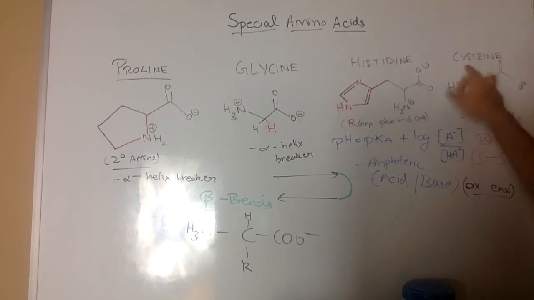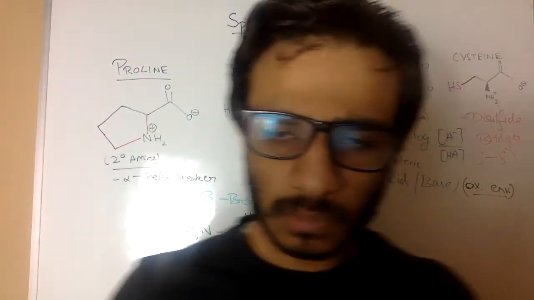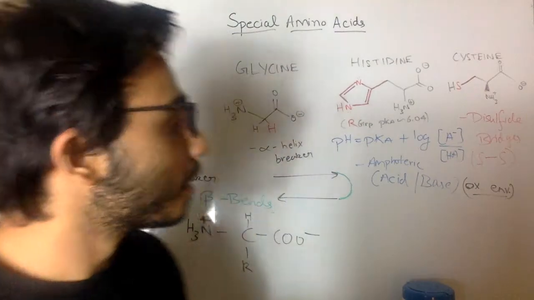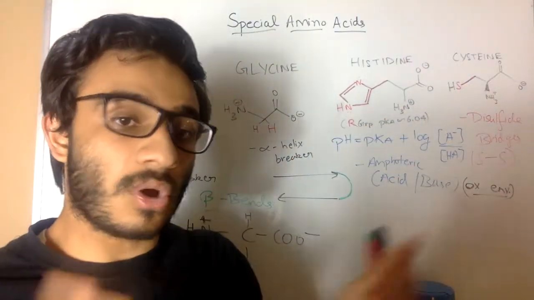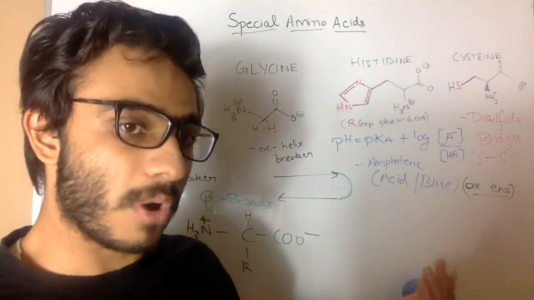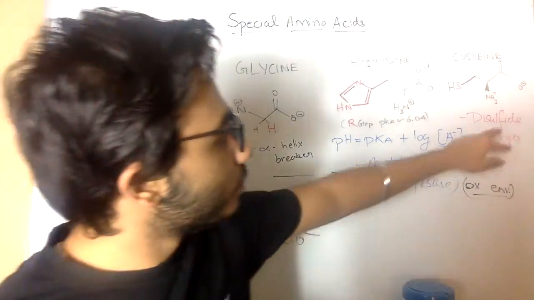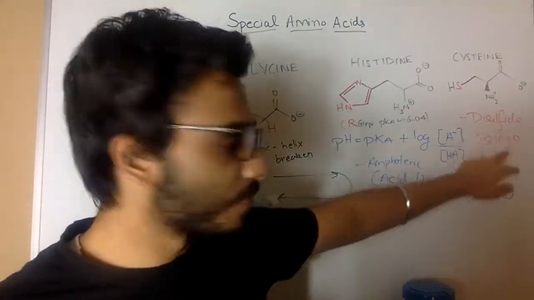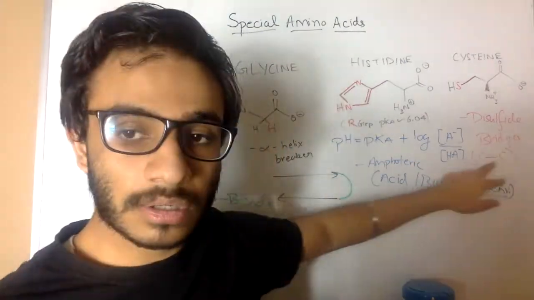And let's talk about cysteine at last. Cysteine is so important that it's found in almost all of the proteins in our body. Why? Because it forms the really important disulfide bridges, the S-S bonds, right?